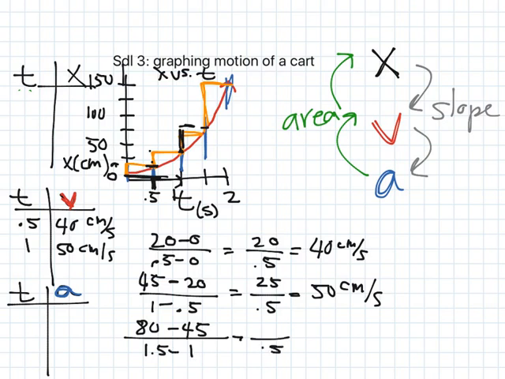If you're doing this right, you should be getting the same time increments each time, or how much we're dividing by. This is in centimeters, which is why we get centimeters over seconds. 80 minus 45 gives us 35, divided by 0.5 gives us 70 centimeters per second, and that was at the 1.5 second mark.